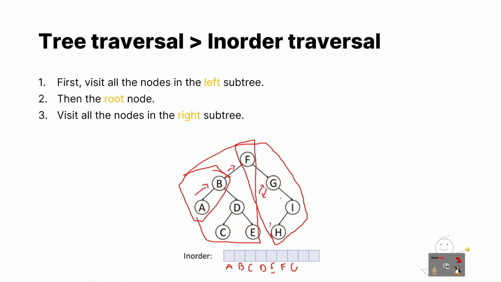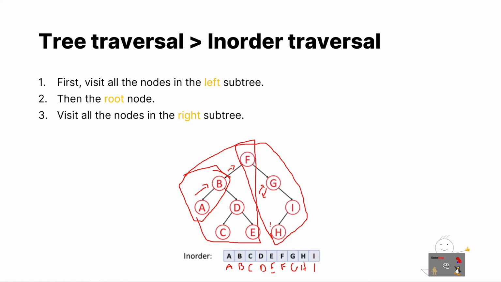I go to the left, now I go to the right. I visit the left subtree of E, which is H, and then I go back to the root of H, which is E. I know, it's hard, it's complex, just look at it for a few seconds, a few minutes, and it should come to life somehow.